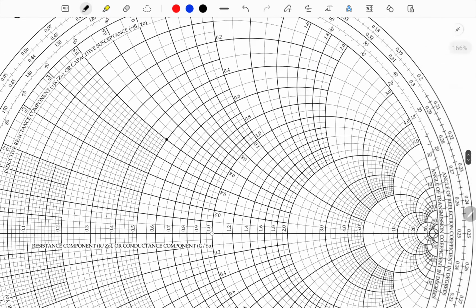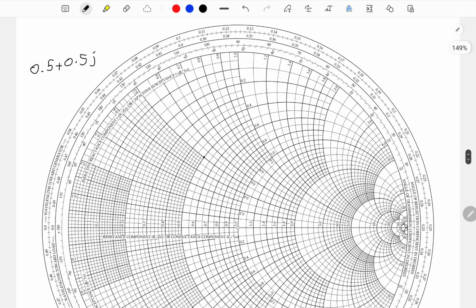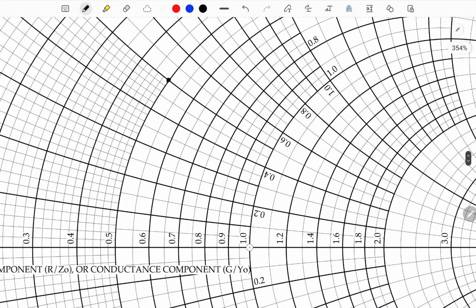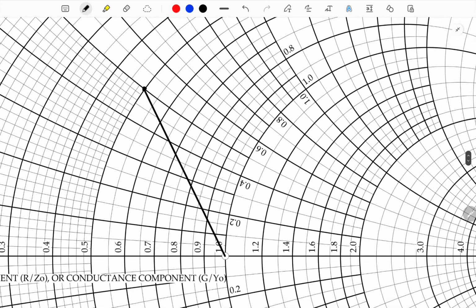So now the next step, in order to plot the point and figure out where it is, you just go along, just draw a line. I'm going to make it a better line though, because we want it to be accurate. That should be good enough.